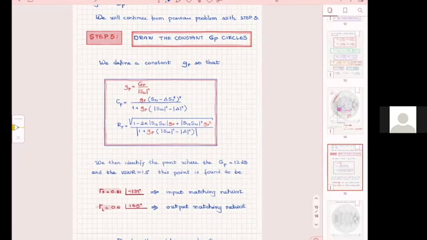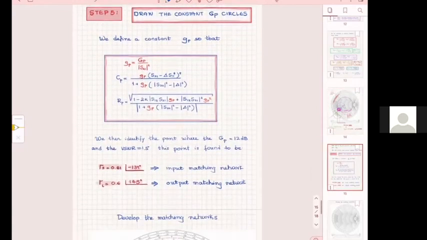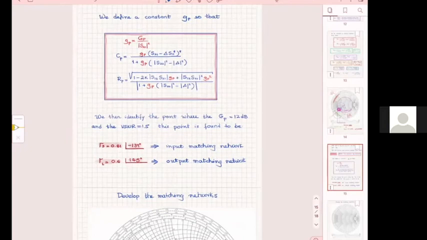So now, instead of using G sub S and G sub L and many more circles, I decided I'm going to go with only one. To keep it simple, you can find the maximum possible gain, G max, and for this particular transistor it was 14.7 dB.